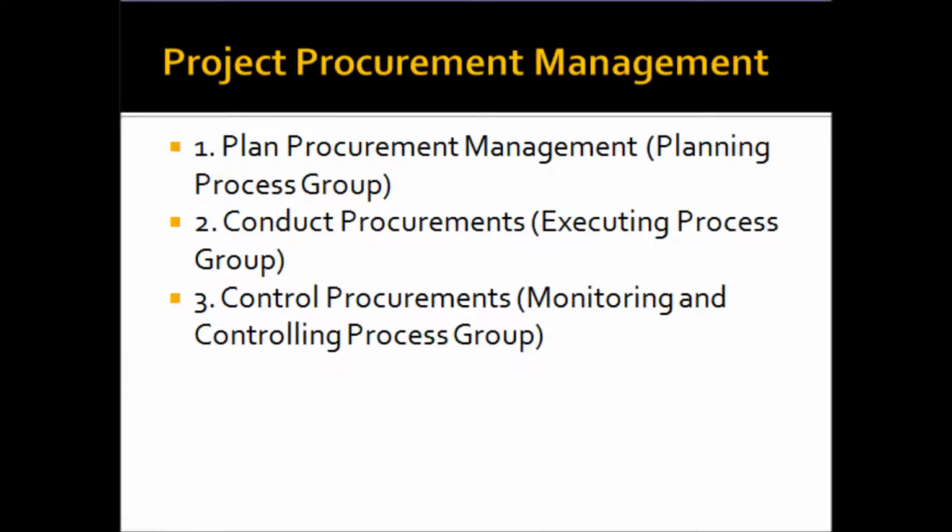And once that is done, we enter agreements or contracts with sellers. And then as the work progresses, we want to control procurement, where both sides ensure that they are meeting the terms in the agreements or in the contracts.